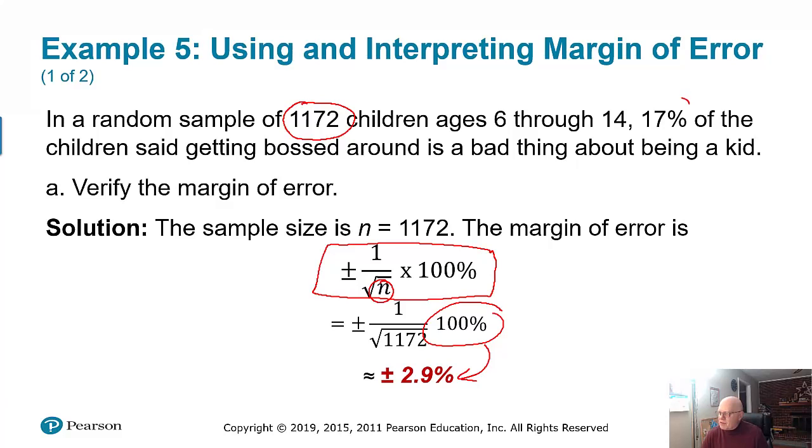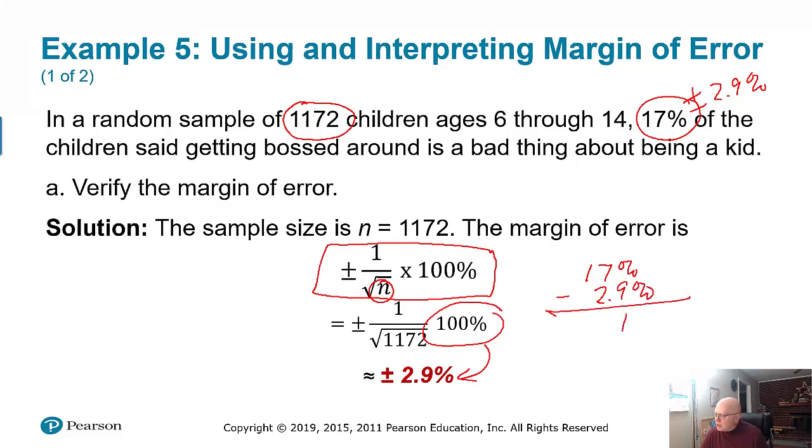So the 17% is correct, plus or minus 2.9%.